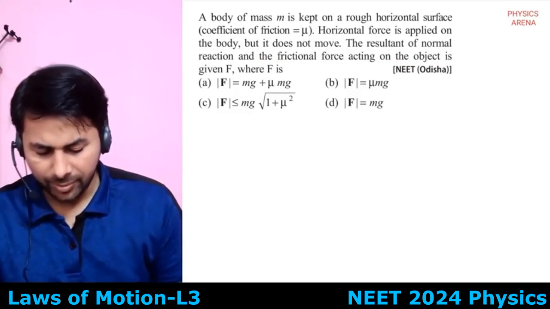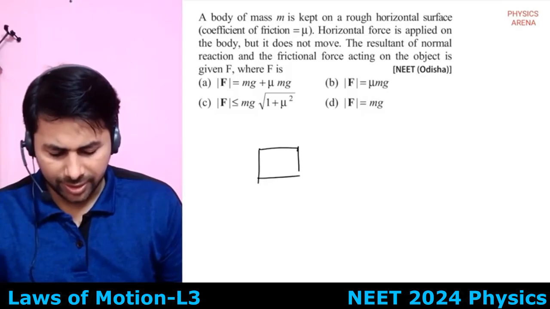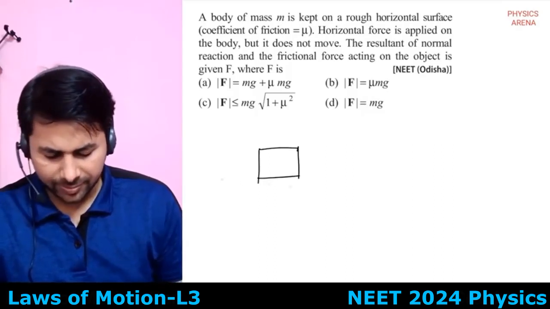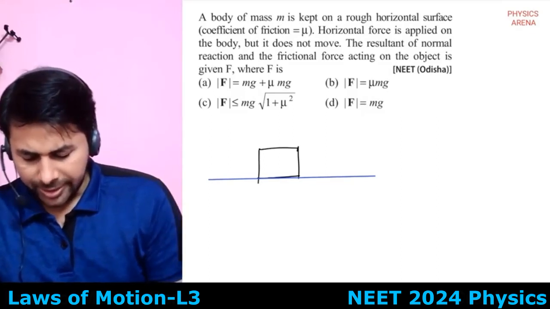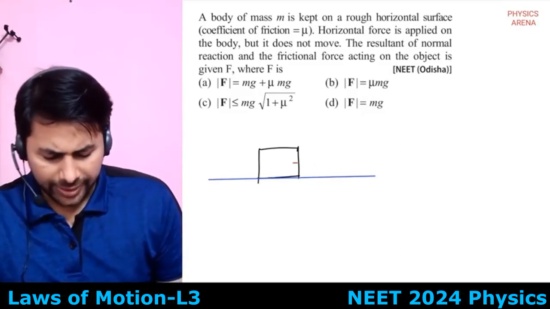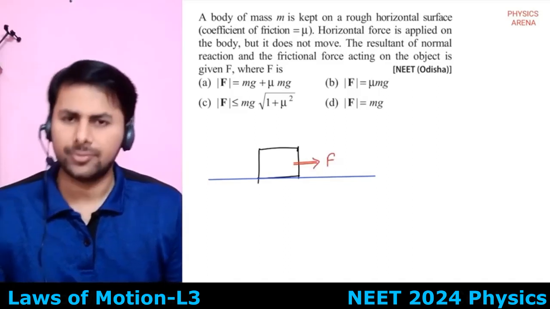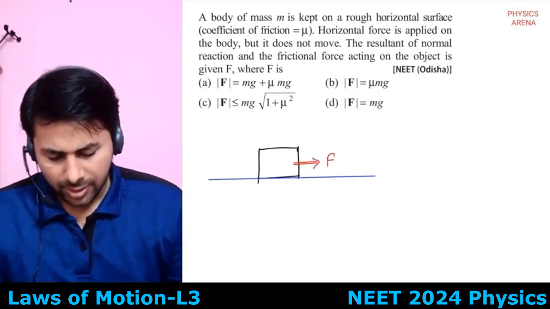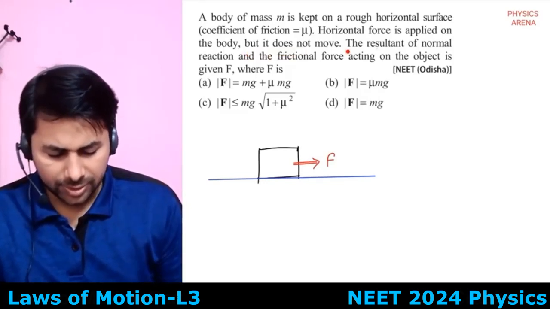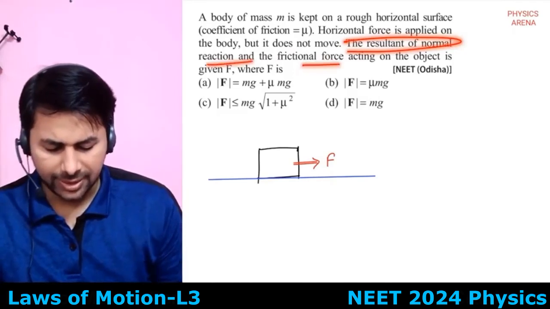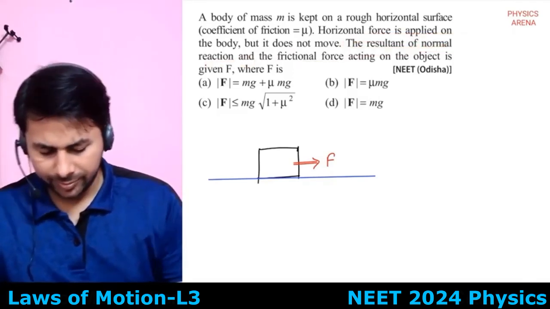So you have a body which is kept on a rough horizontal surface. So this is the body, kept on a rough surface, and there is some external force F exerted on this body. The question is, it doesn't move; what is the resultant of the normal reaction and the frictional force?